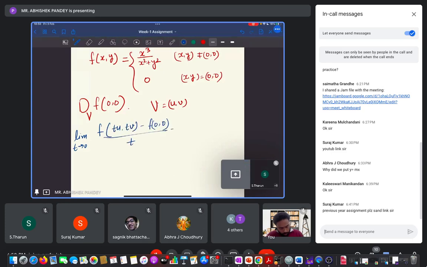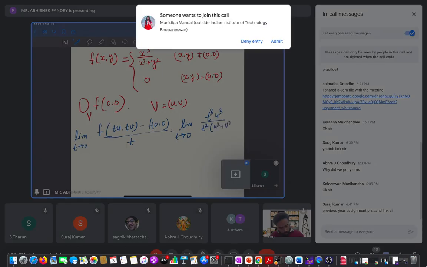Okay, so this will be limit t tends to 0, t cube u cube upon t square u square plus v square, into t.